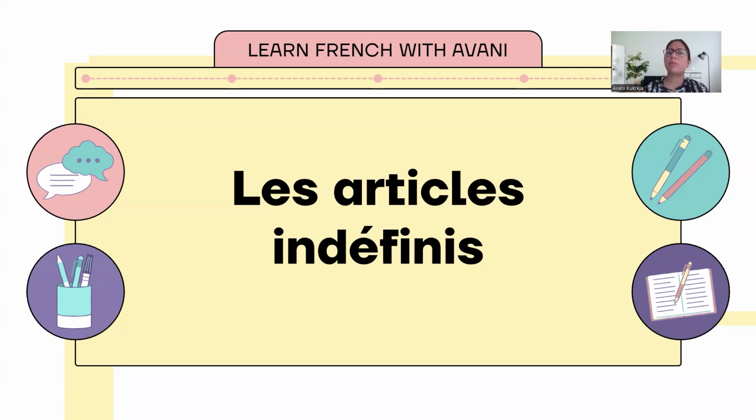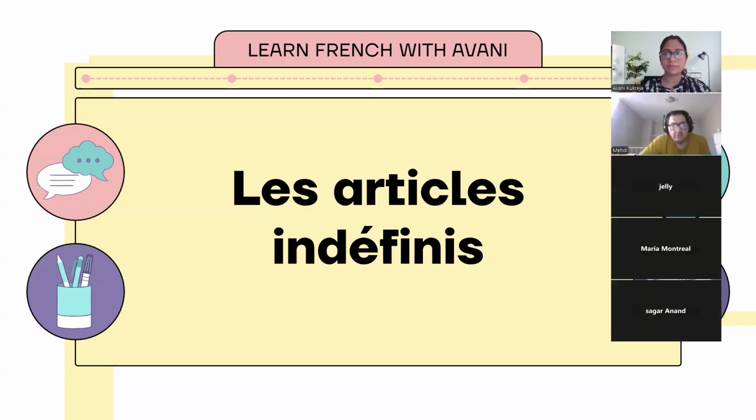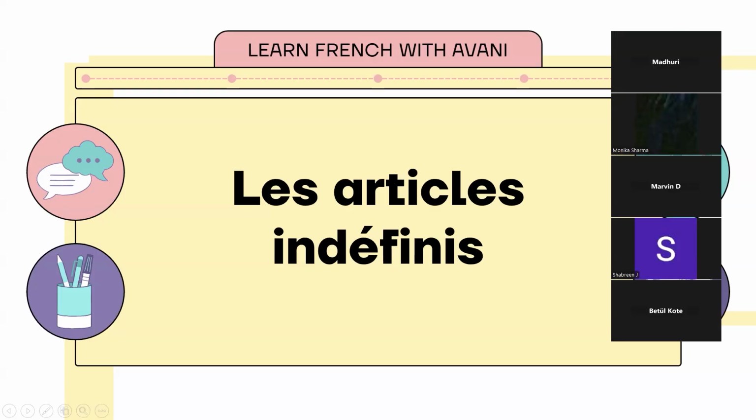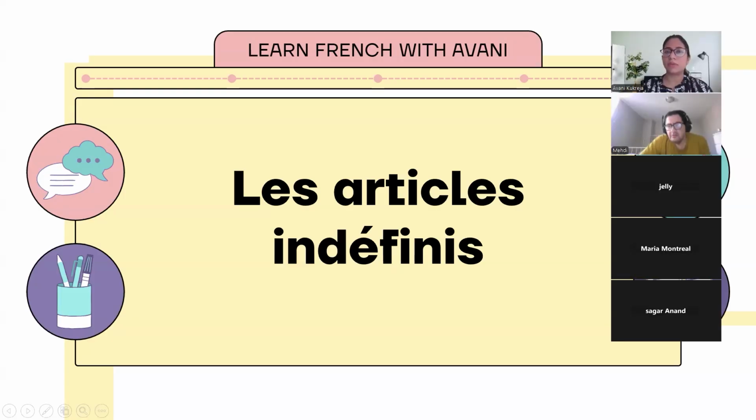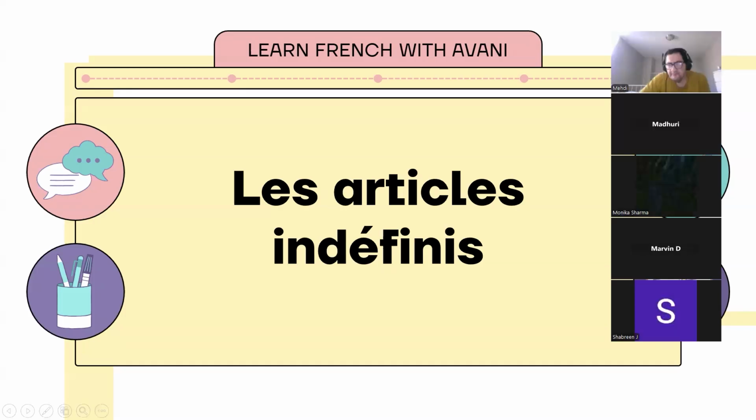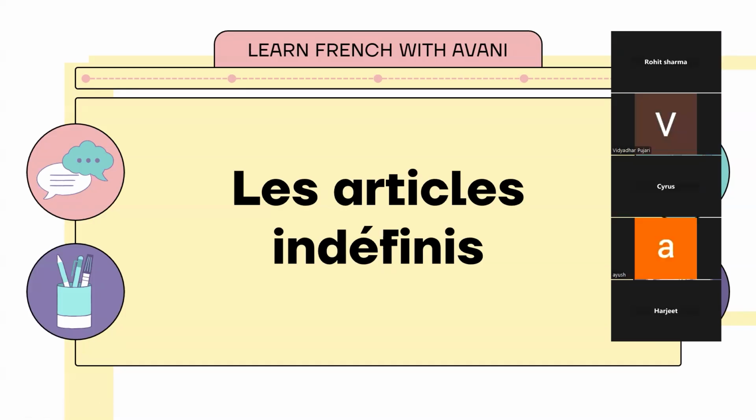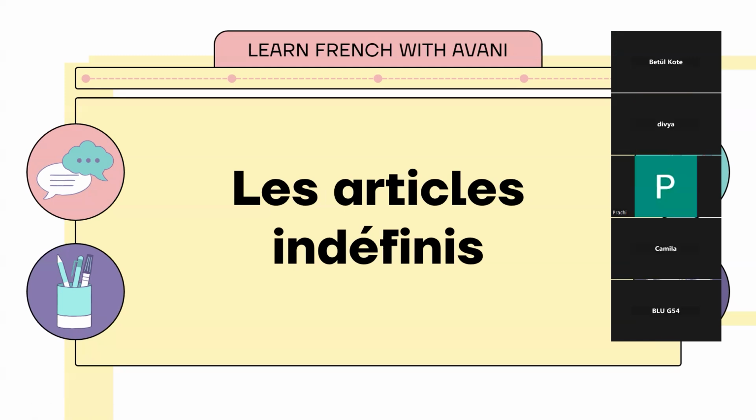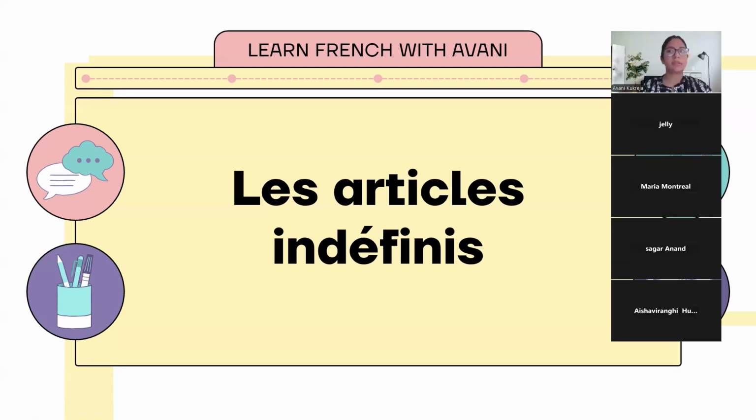Now, what is the difference between indefinite and definite articles? Anyone? What is the difference between a and the? A could refer to any object. Like when I say an apple, it could be any apple, whereas when you say the apple, it refers to one particular apple that you're talking about.